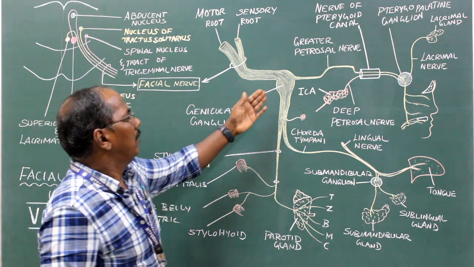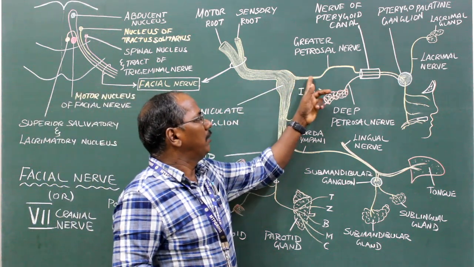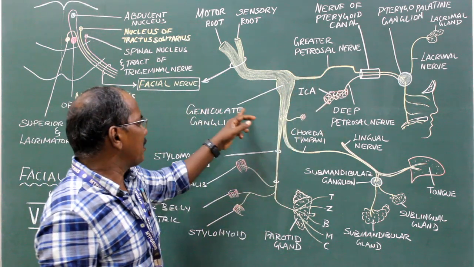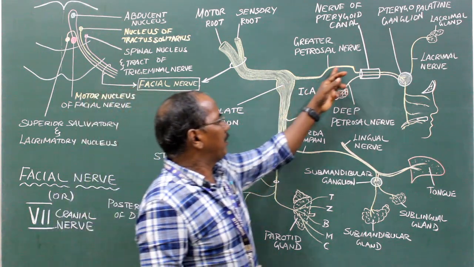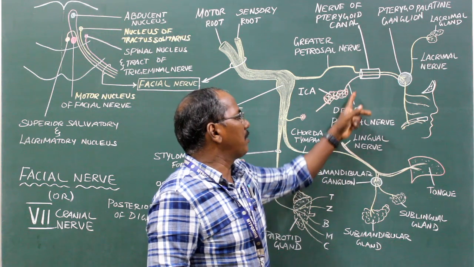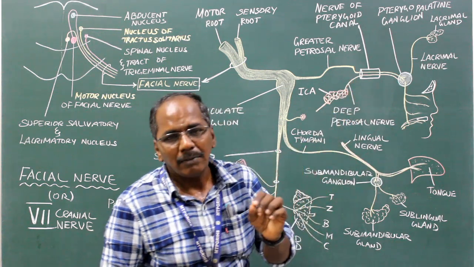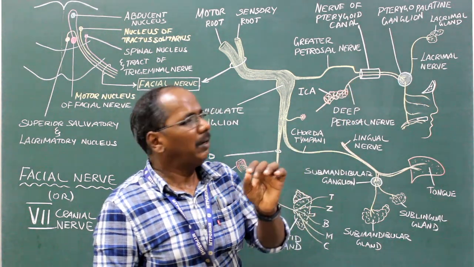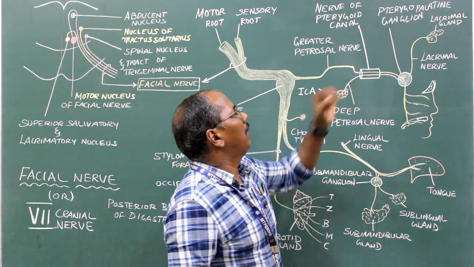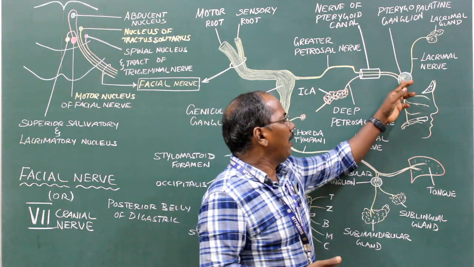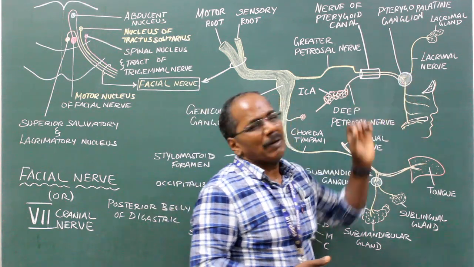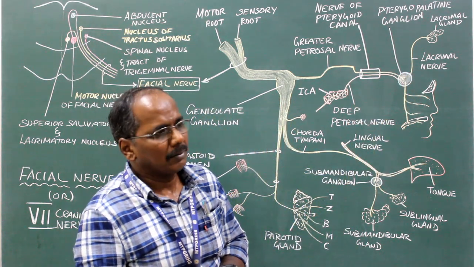Number 1, greater petrosal nerve. It arises from the geniculate ganglion. It joins with the deep petrosal nerve to form the nerve of pterygoid canal, which runs in the pterygoid canal, and they relay in the pterygopalatine ganglion.